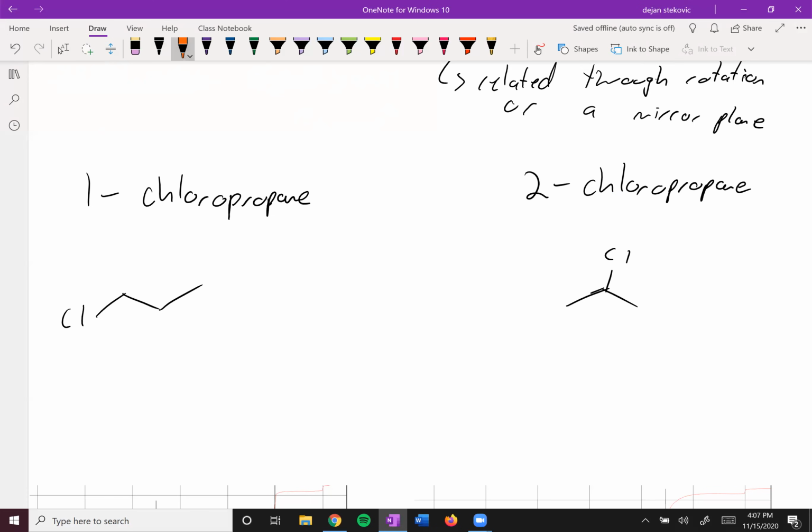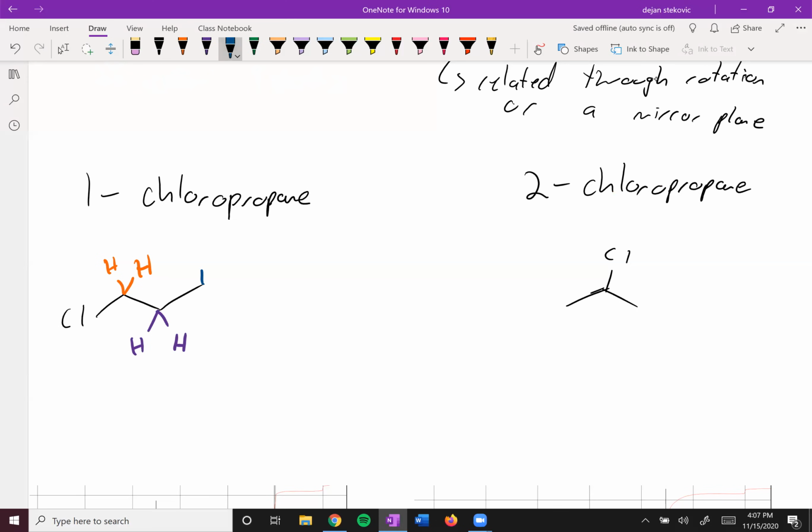And then we can add in the protons, right? If we think about the protons on this compound right here, we have two attached to the same carbon that are on the same chlorine, right? And those two are going to be the same because they're in the same chemical environment. Then we have another two. These two are different than the first two because now they're not attached to a carbon directly attached to a chlorine.